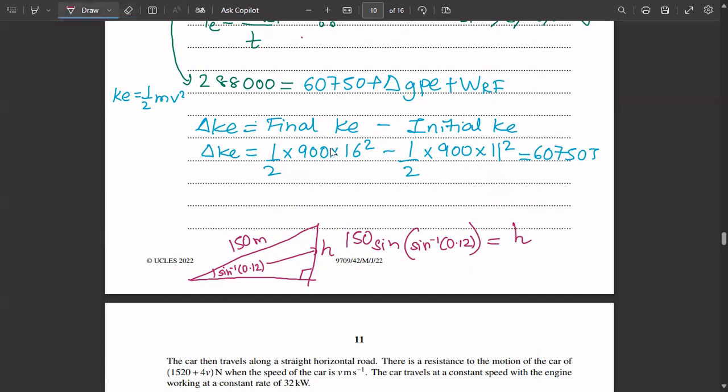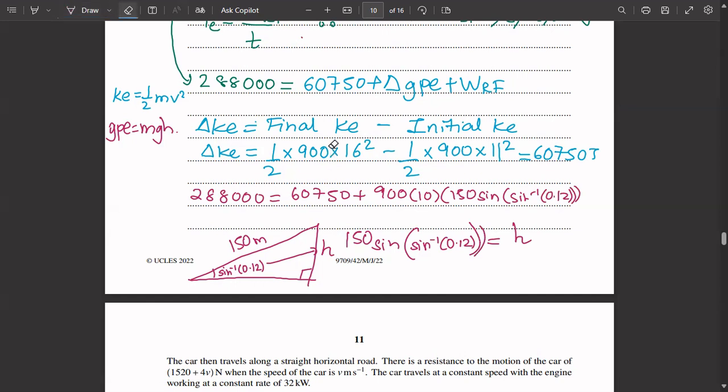Now what is delta Gp? Delta Gp will be mgh. So 288,000 equals 60750 plus delta Gp, which will be mass is 900, gravity is 10, and height is 150 sine inverse of 0.12, and plus work done against resistive forces.